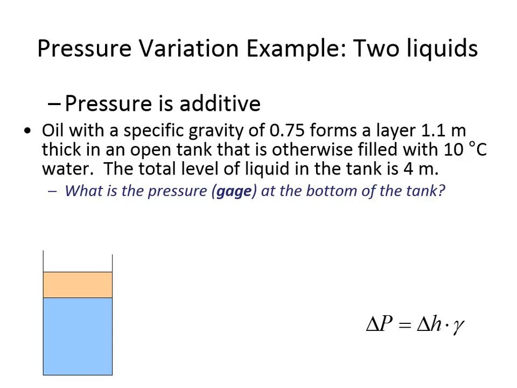And the oil is 1.1 meters thick. Okay, so how thick is the water layer then? 2.9, right. That's the thickness of the water layer. Okay. So we want to find the gauge pressure at the bottom of the tank.